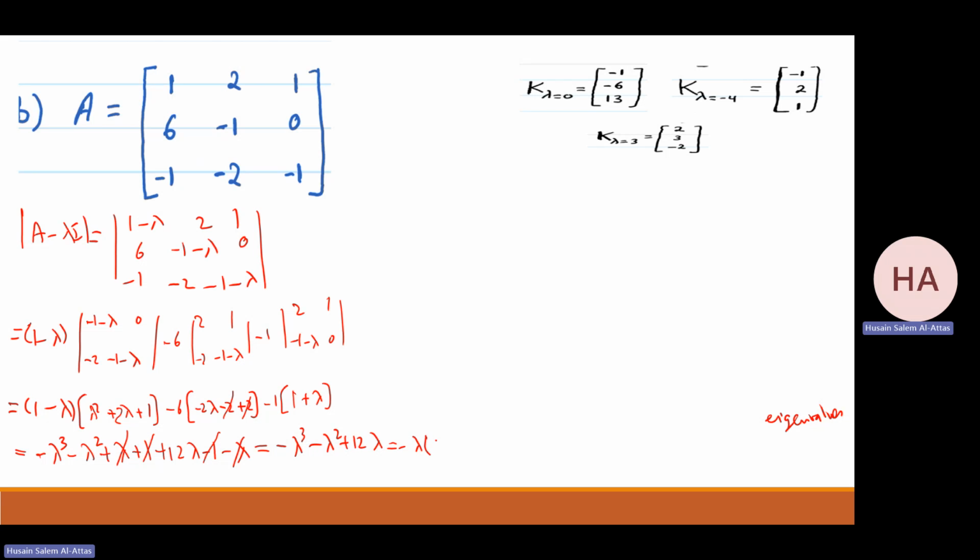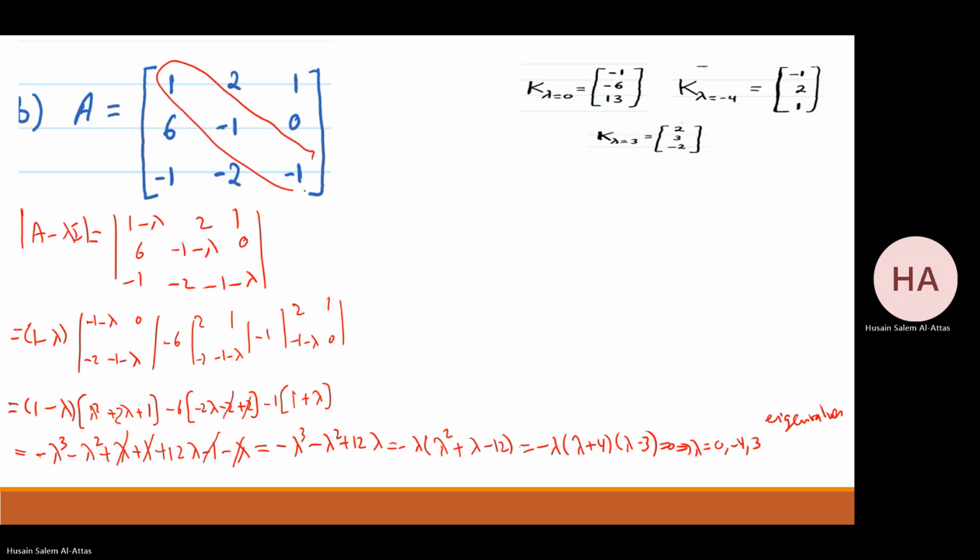I have minus lambda. The remaining is lambda square. This will be plus lambda minus 12. Yeah, that will be minus lambda. I have lambda plus 4, lambda minus 3. 0, minus 4, 3. Add them, minus 1. Add this, trace, minus 1. So this is the way to check, especially if it is a linear calculation. So now I am okay.